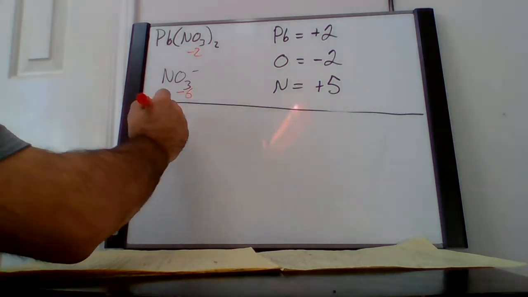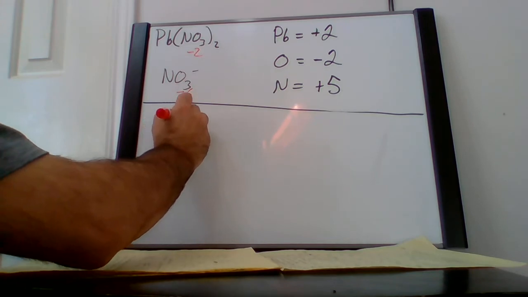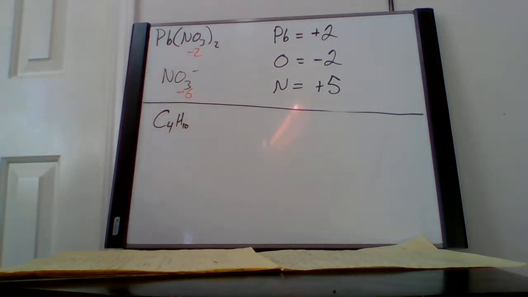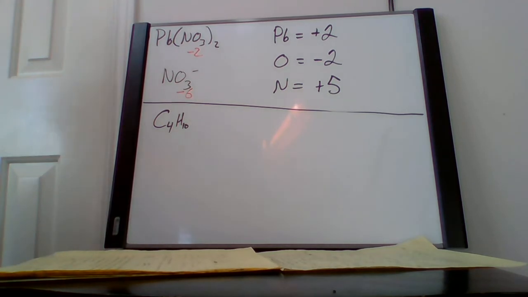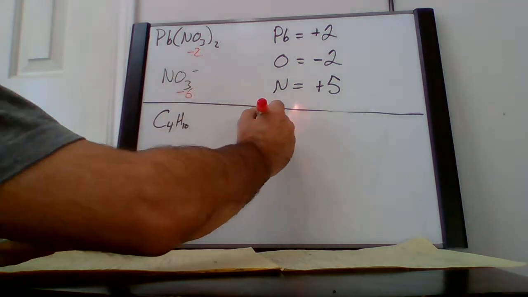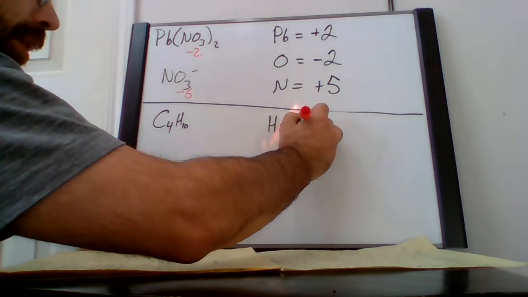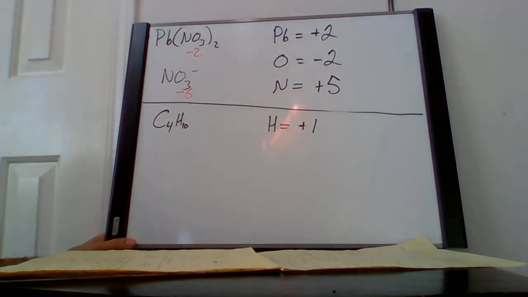Last example I have for you is C4H10, commonly known as butane. Although this is a covalently bonded compound, we still want to assign oxidation states to these elements. As per usual, we start with hydrogen as a +1.